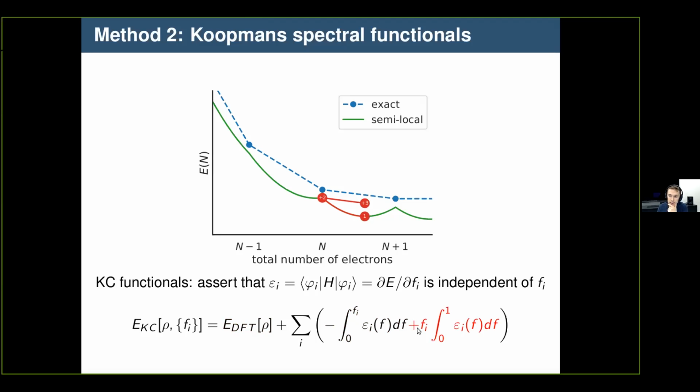And then we fill it here with this term that's linear in the occupancy of that orbital. And so that's heading in the direction of this n+1 data point here. And so what you can see is that this term just immediately inserts the linearity of the total energy with respect to the number of electrons, as we progressively fill one orbital after the next.